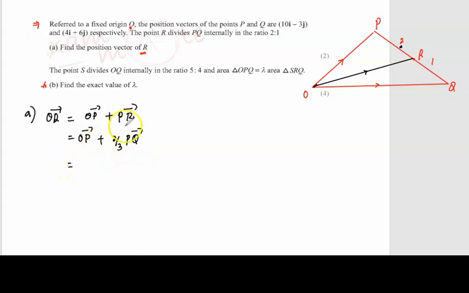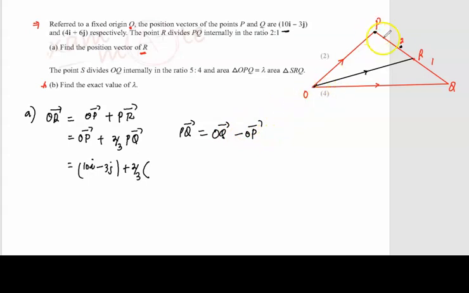What is OP? OP is 10i minus 3j. You add this to 2 over 3 of PQ. I'll find PQ over here. PQ is OQ minus OP from the diagram.